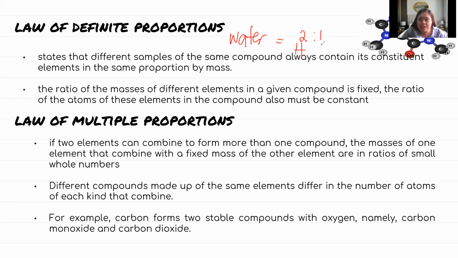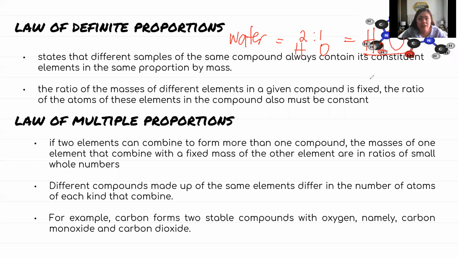Two hydrogen, one oxygen. So that is H2O. This is fixed, class, before you can make this compound. If you have water, it is fixed: two hydrogen, one oxygen. So that is what you call the law of definite proportion. The ratio of masses of different elements in a given compound is fixed.